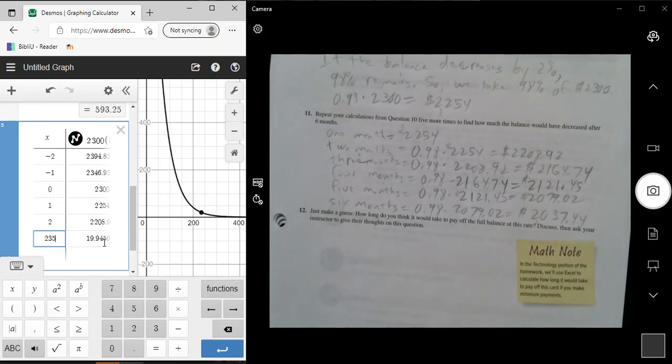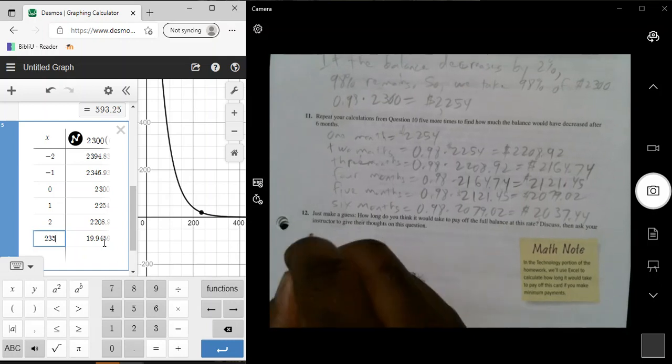So when they ask us, how long do you think it would take to pay off the balance in full? That'll be 235 months. So with that being 235 months, if we break that up, that'll be almost 20 years.